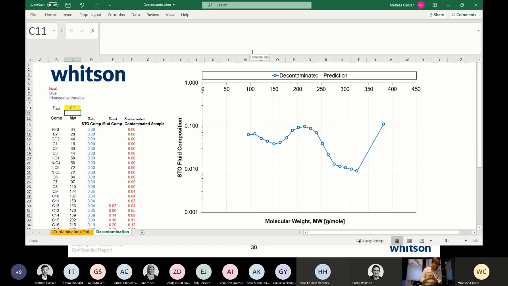So I'll just ask Gerardo to come up with a suggestion on the F mud parameter that we just talked about, to see if we can get closer to the actual straight line. Could you provide a guess on this F_g or F mud?